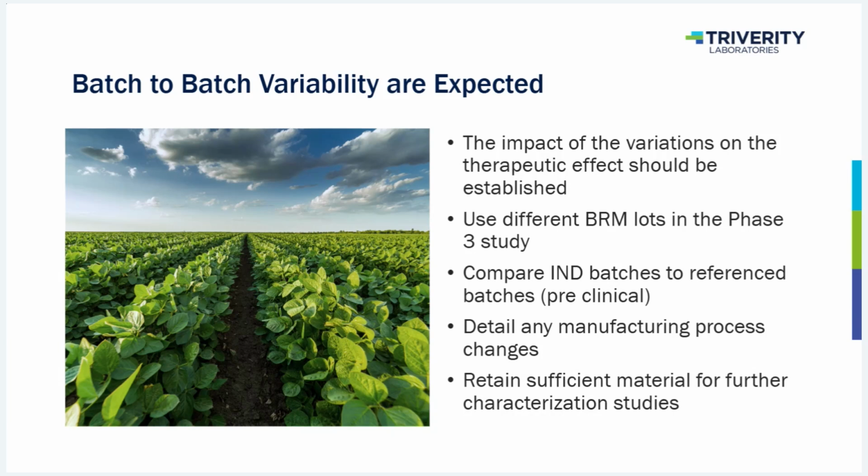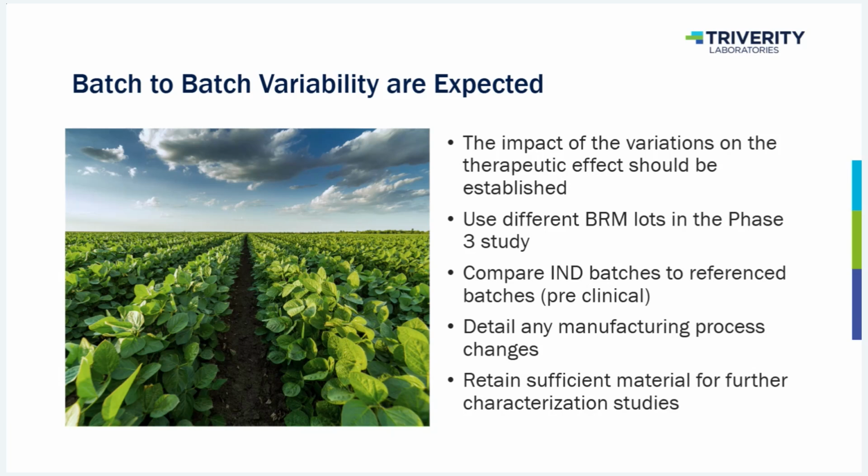The best way to do that is to use different lots of your botanical raw material in your clinical studies, in your phase 3 studies. And in the guidance, it recommends that you're looking at 3 different growing regions for use in your phase 3 clinical study. You want to compare your IND batches that you've manufactured to any batches that you've referenced. So that would be preclinical studies.